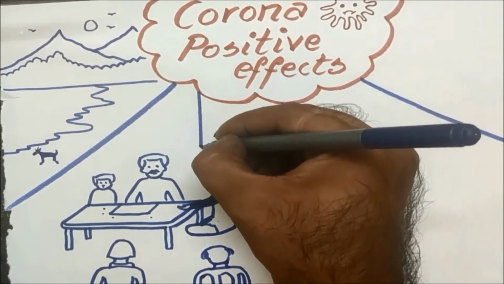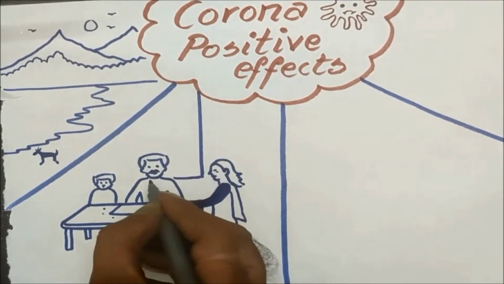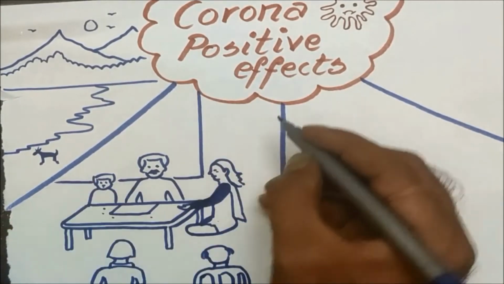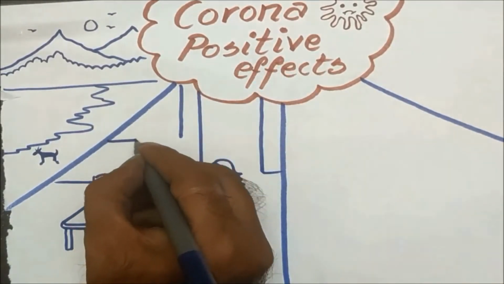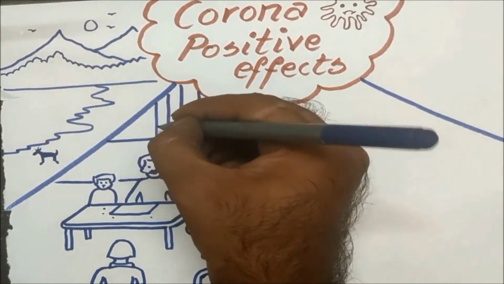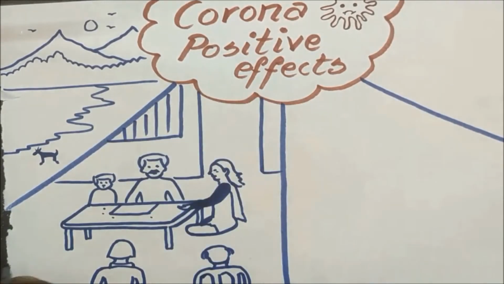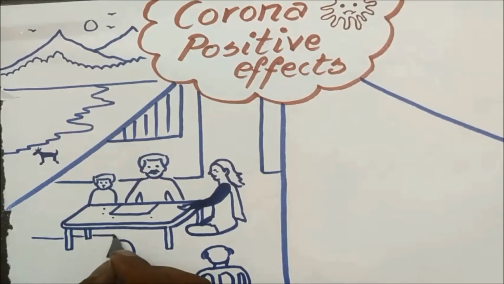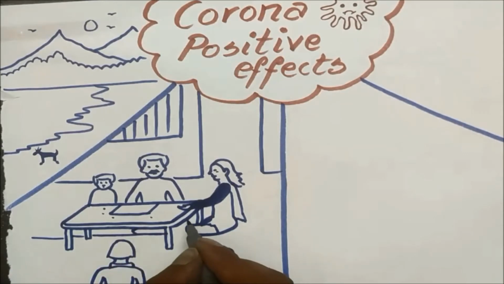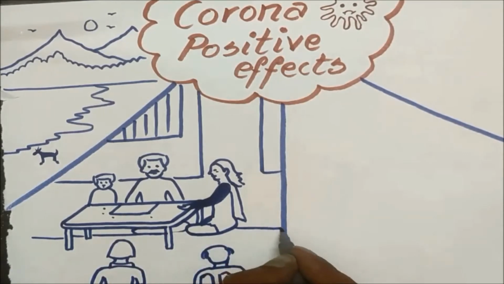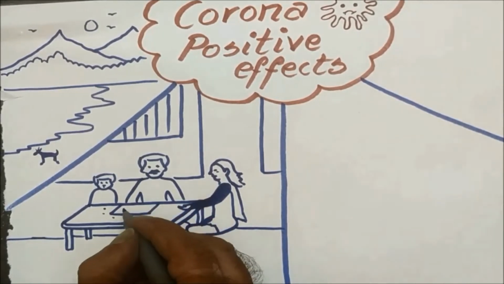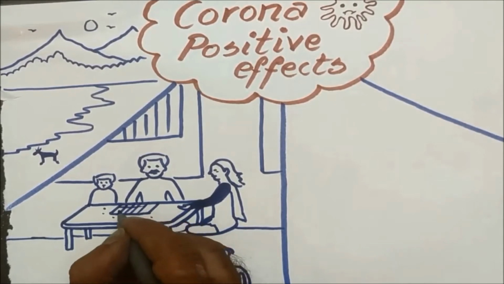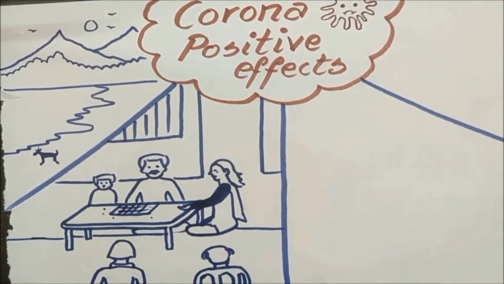Here a door of the house, here a window of the house, here one carpet where father and mother are sitting on it, and here are a few designs of a game. So here a family, a happy family.